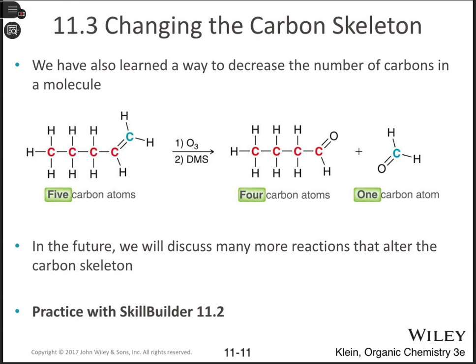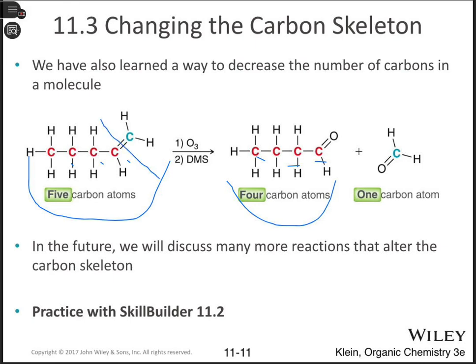So here's an example of a molecule where you change the carbon size into a smaller number. We went from 1, 2, 3, 4, 5 carbons to 1, 2, 3, 4 carbons. We had an alkene, we add ozone, and what happens when you add ozone?